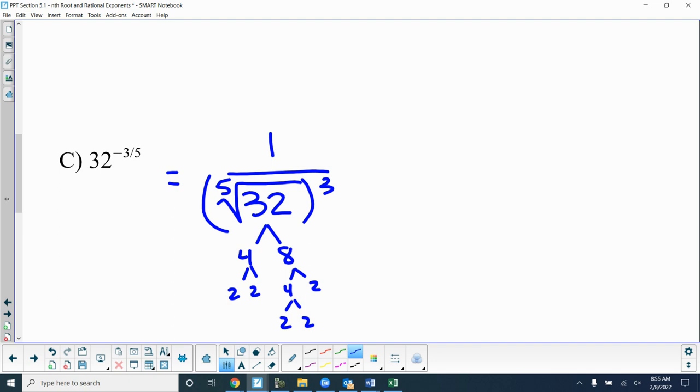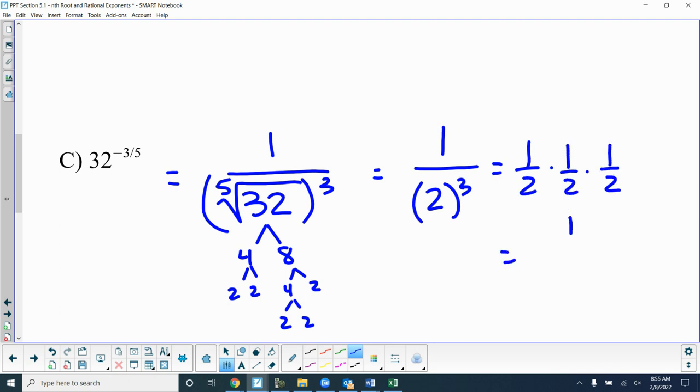So what's the 5th root of 32? A 2. So this is like 1 over 2 to the 3rd, which is 1 over 2 times 1 over 2 times 1 over 2, which is 1 over 8. Making sense? Again, we had to put it 1 over because it was a negative 3/5. Okay?